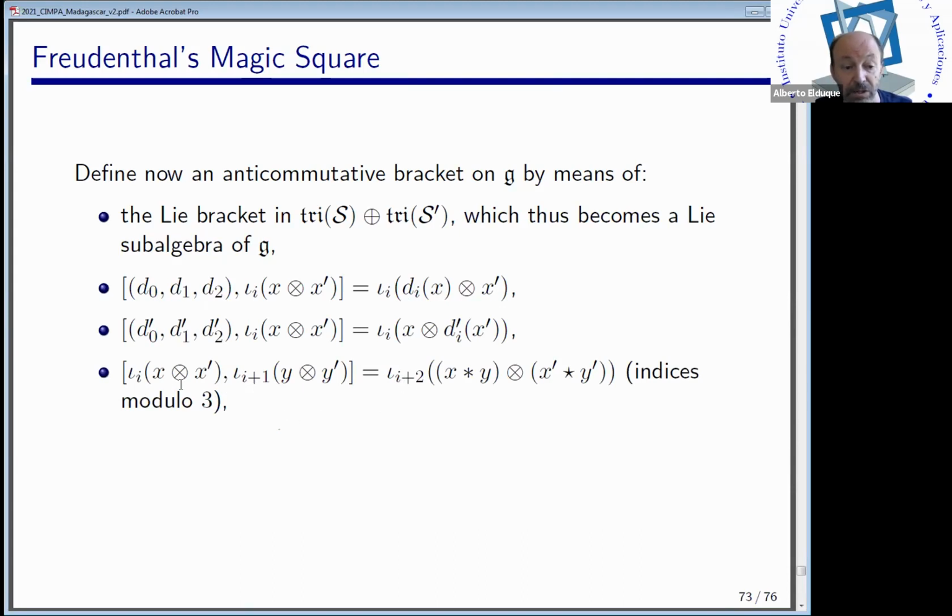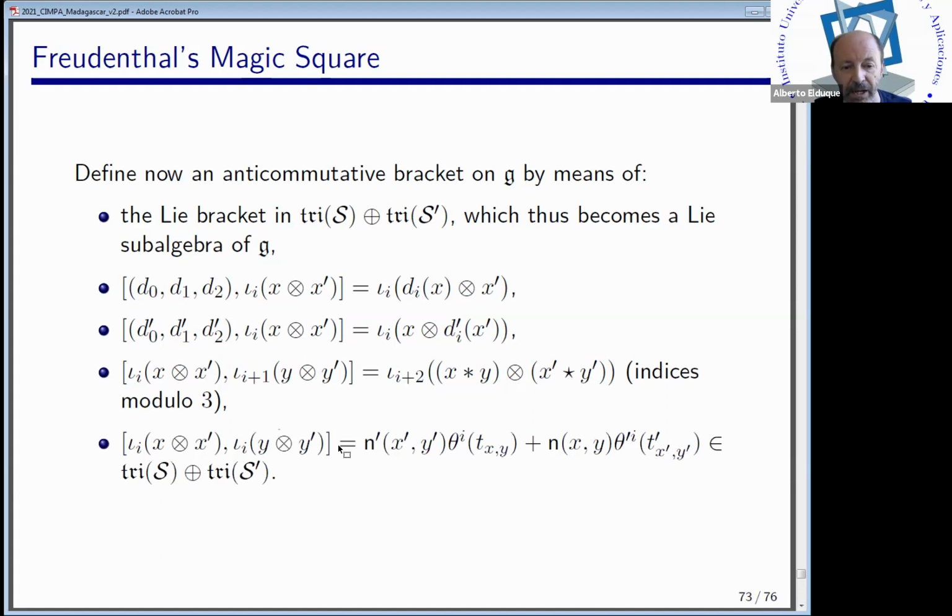What we do is multiply x times y in the first symmetric composition algebra and x prime times y prime in the second symmetric composition algebra. So the natural product. I haven't defined these elements, but these are natural elements and the natural triality automorphism, but the bracket can be defined in a natural way whenever the two indices are equal here.